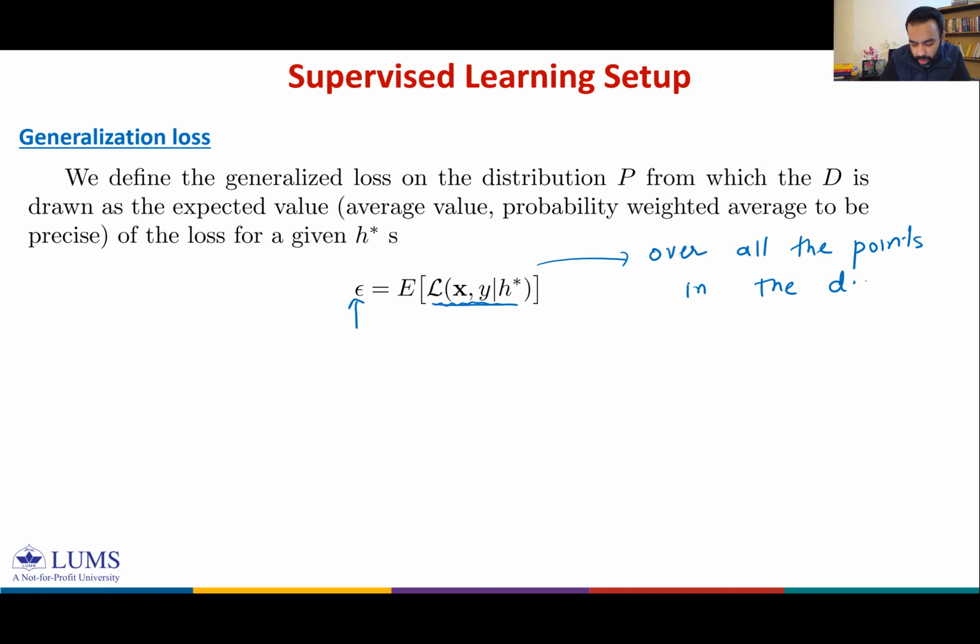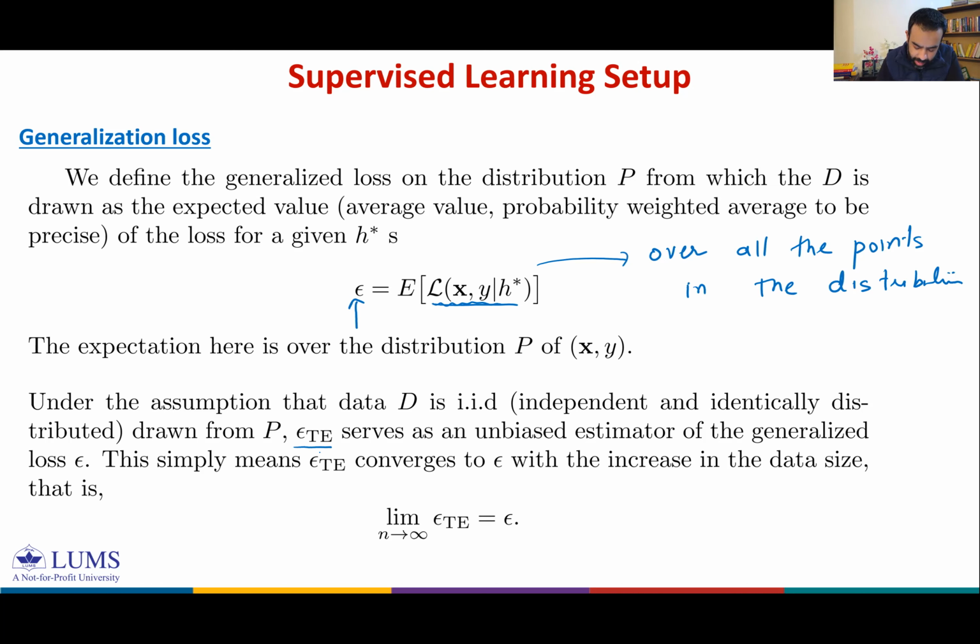Ideally we want this loss to be minimized. We want to pick H star for which this generalized loss is minimized, right? Under the assumption that data D is IID, the loss on testing data, since we have not used testing data in the learning process, serves as an unbiased estimator of the generalized loss epsilon.